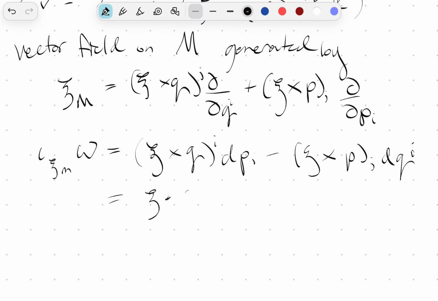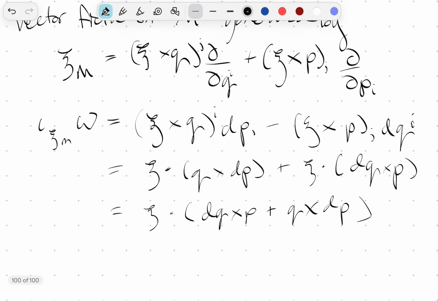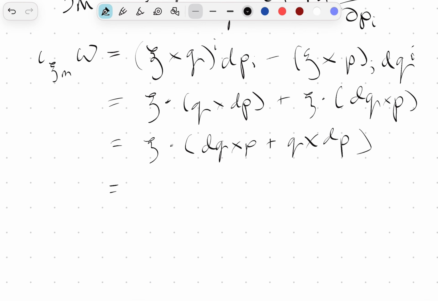We can dot this with q cross dp plus C, the Lie algebra generator, cross dp, with this dotted here, q plus, this should be cross dp. And remember, we're in 3 dimensions, so the cross product's pretty nice.